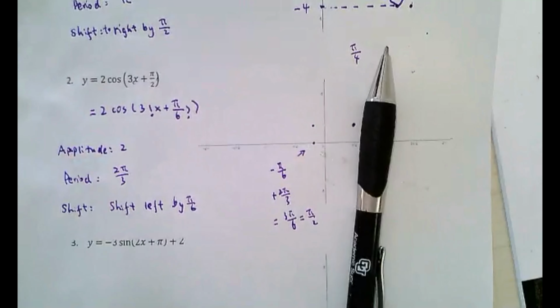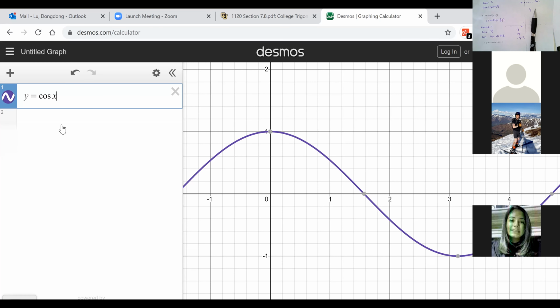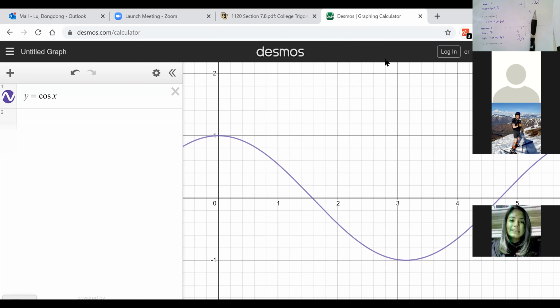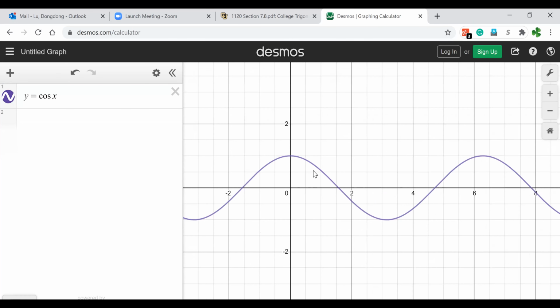Let me show you again on the graph. This is how cosine looks like. From here to here, it completes a complete period.